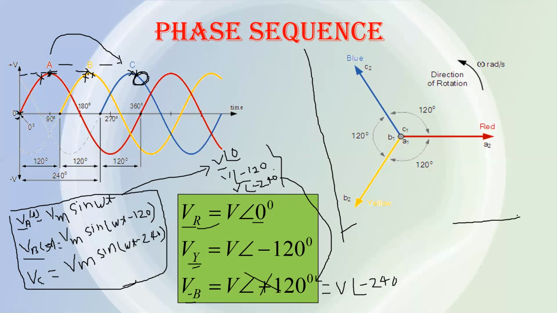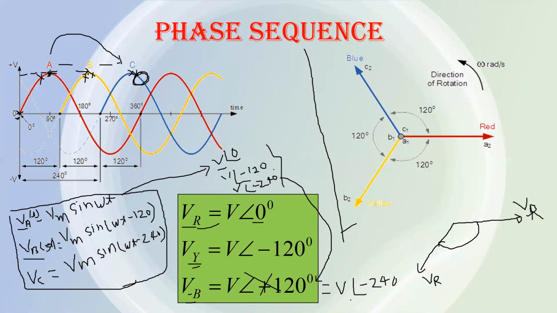The phase R is the reference. This is VR. Now how will you draw VY? Since this angle is minus, you have to draw another vector, and since the sign is minus, you consider clockwise at an angle of 120 degrees. You will get VY.